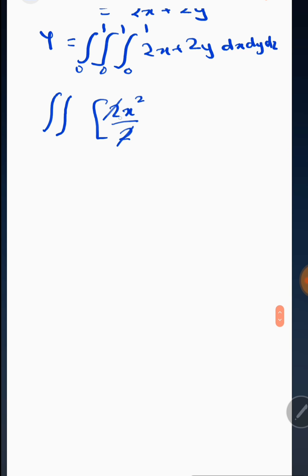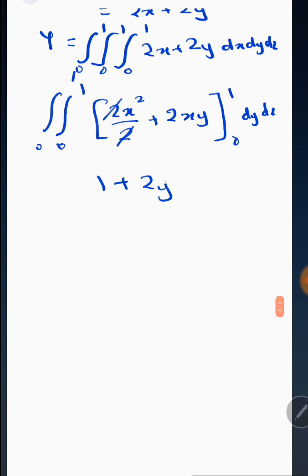So this will be cut off, and this will then be 2xy, limits 0 to 1, dy dz. And from here then, what I will get is 1 plus 2y, because the lower limit is 0. When I substitute it, it becomes just 0. So I'll get this, with limits 0 to 1, 0 to 1, dy dz.